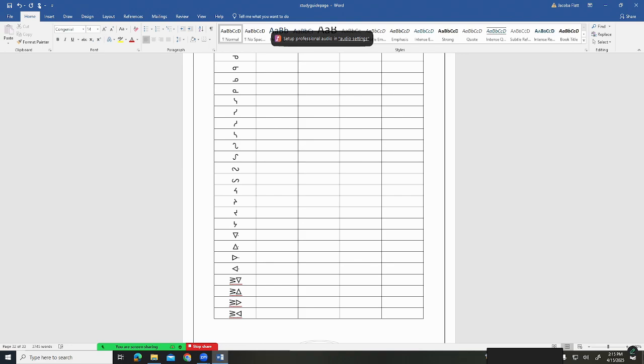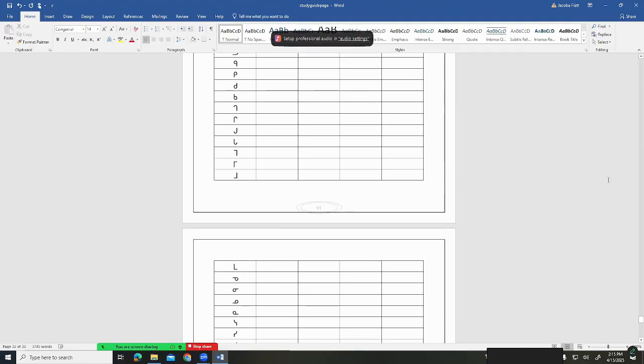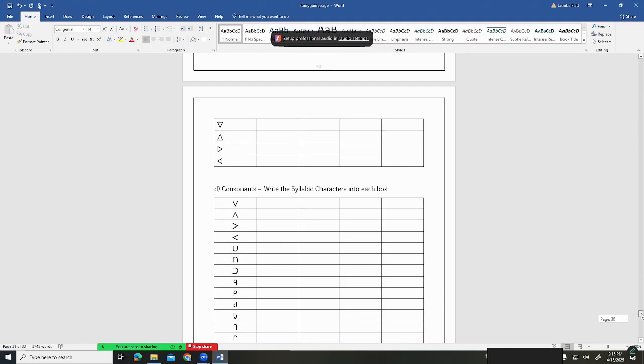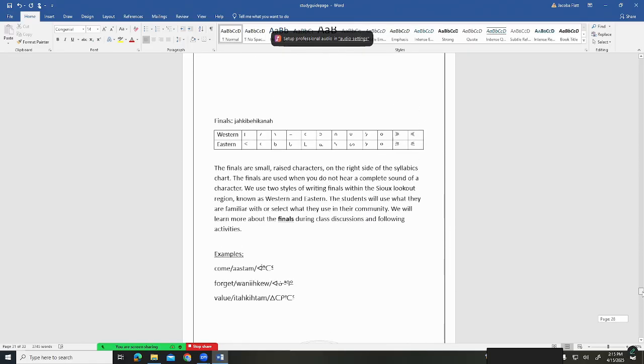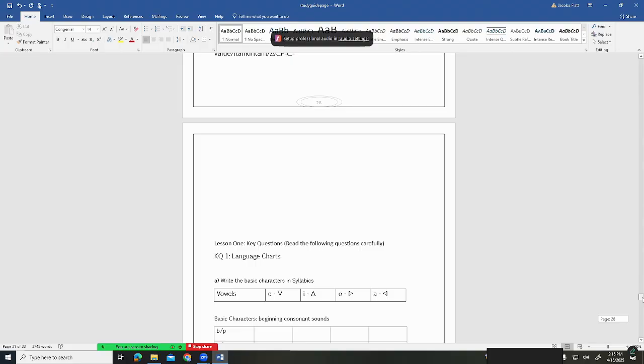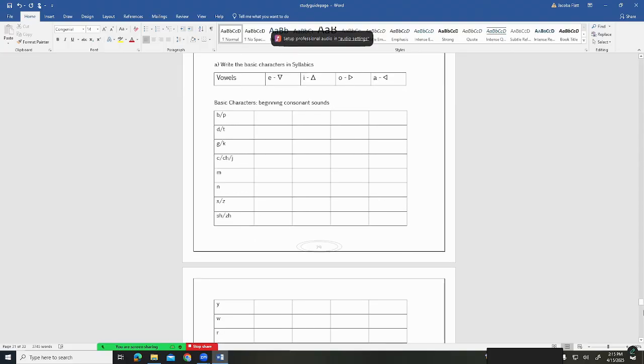So some examples that contain long and short. The long characters has that long E with the I. The English equivalent would be seat.